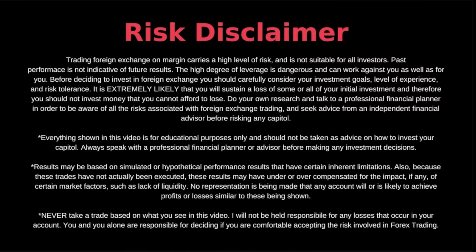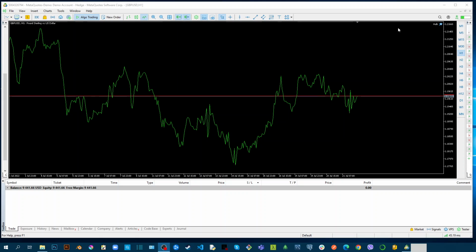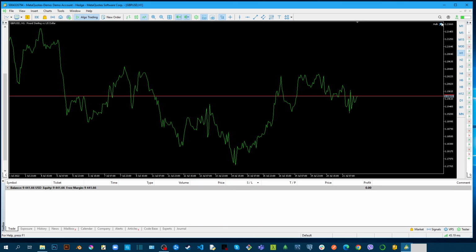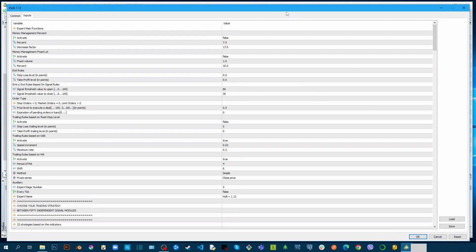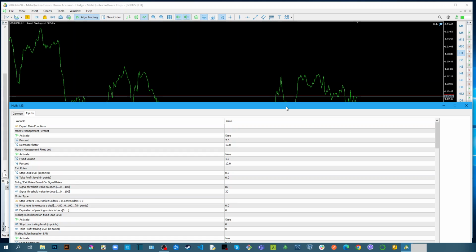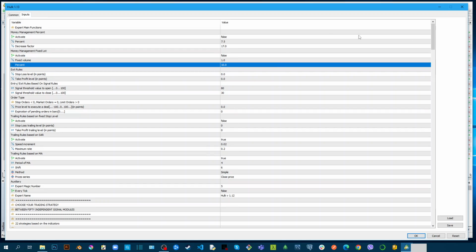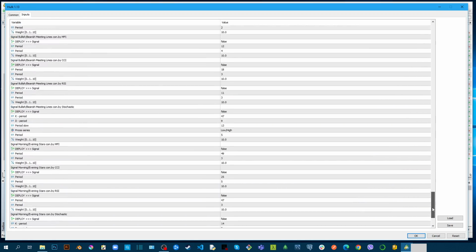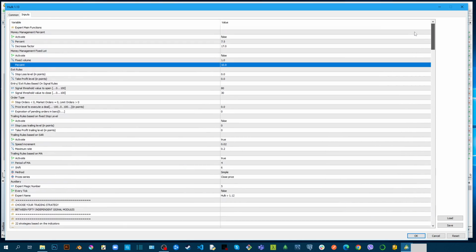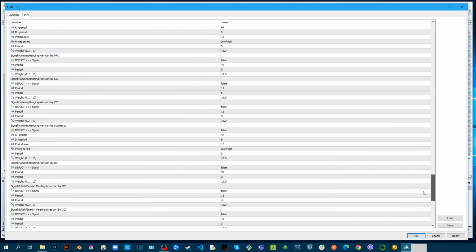In today's topic I will explain all available inputs inside the Hulk Expert Advisor. So let's get started. Okay, I just start testing this expert on some settings on the British Pound USD. So I will scroll down to see how many inputs this robot has.